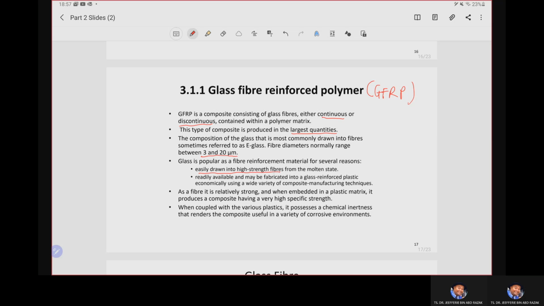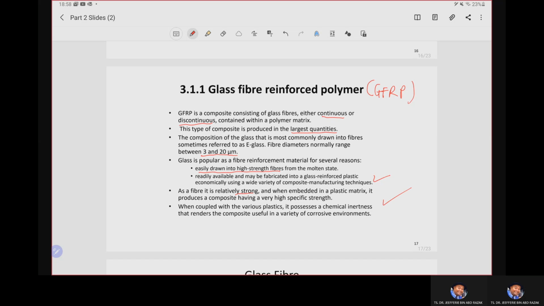In addition, it is readily available and economically reasonable for a wide variety of composite manufacturing techniques. As glass fiber is relatively very strong, when embedded in a plastic or polymer matrix composite, we can gain a very high specific strength of the produced composite. Other than that, what makes glass fiber popular is its inertness, which renders the composite useful in corrosive or reactive environments.